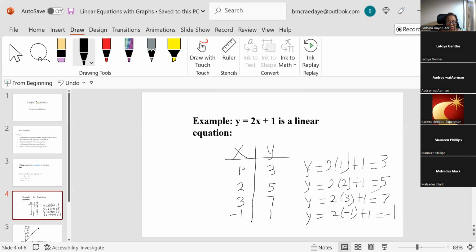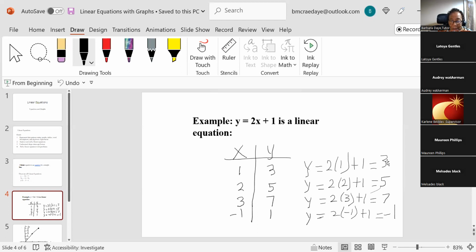If I have an X value, I can calculate a Y value, right? Because if you substitute the value of X in this linear equation, you can calculate Y. So if X is 1, Y equals 2 times 1 plus 1, Y is 3.